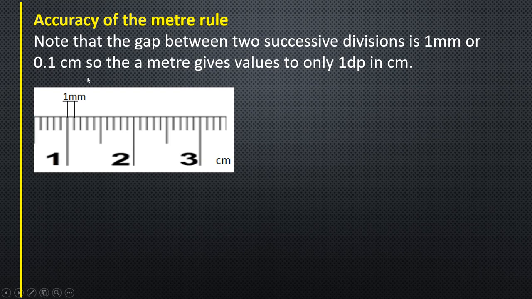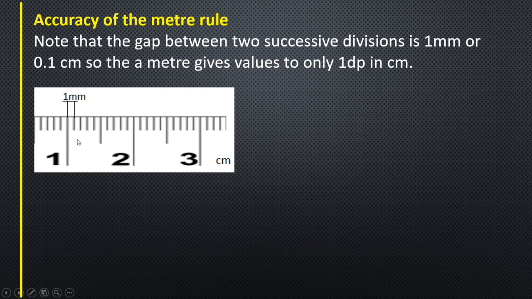So a meter rule can measure accurately to one decimal place: 0.1, 0.2, 0.3, 0.4, 0.5, 0.6, 0.7, 0.8, 0.9, and then 1. So the accuracy of this meter rule is 1 millimeter or 0.1 centimeters, which we sometimes call how sensitive this instrument is.